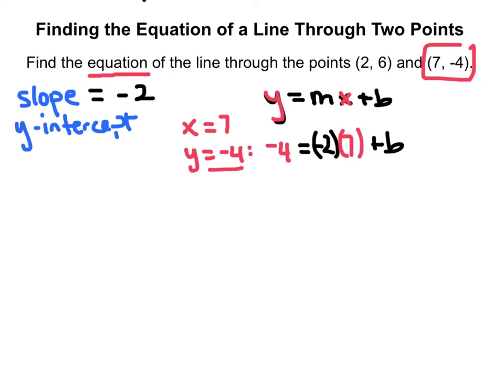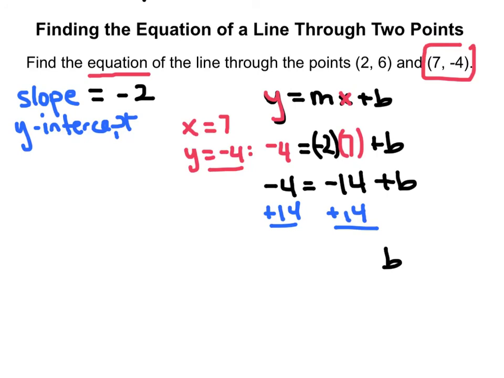To solve this equation, we have negative 4 equals negative 2 times positive 7, which is negative 14, plus b. To solve for b, we add 14 to both sides, and you'll notice that b equals 10.